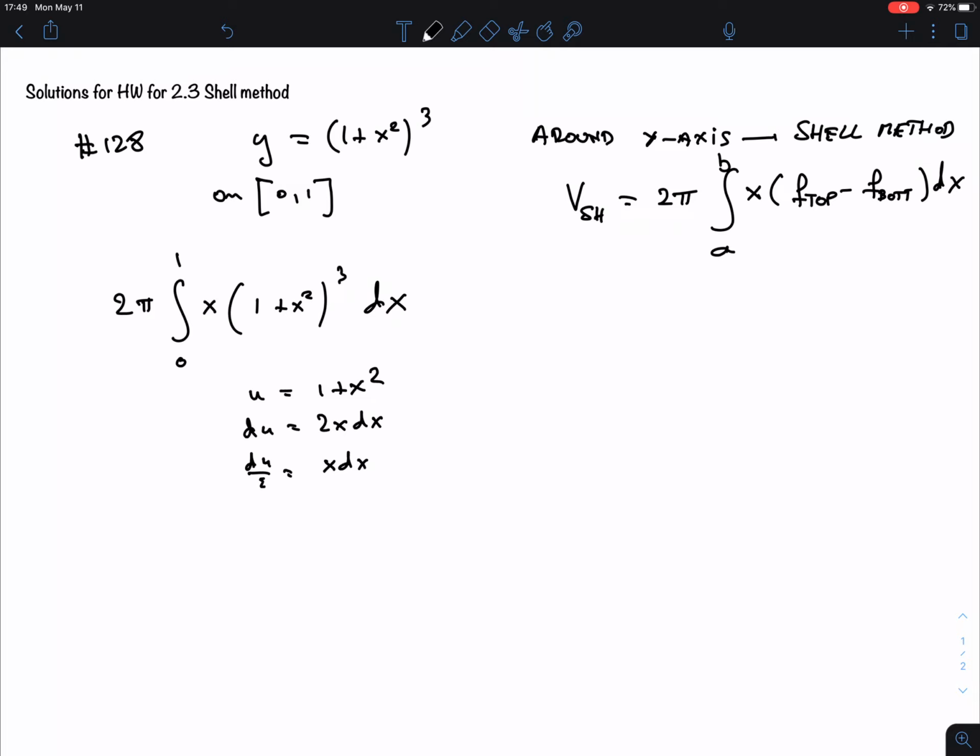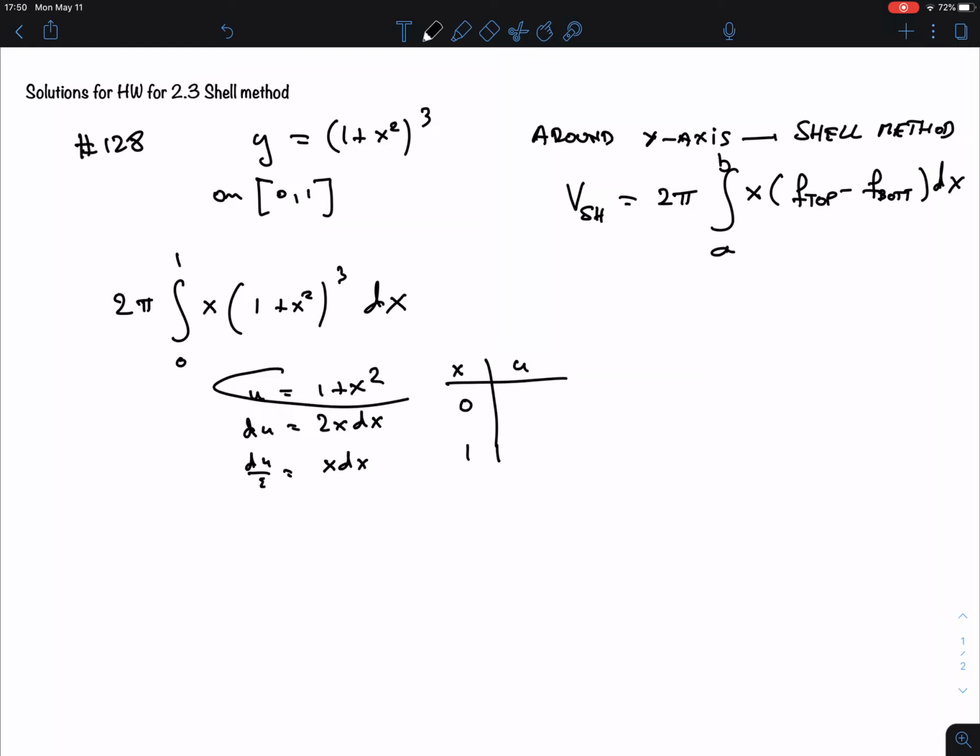Now it's a definite integral, and it also pays off once you have a substitution with a definite integral. So remember this for definite integrals: the original endpoints were 0 and 1, and you change the endpoints now into the u values.